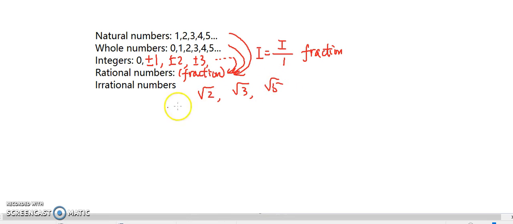All of these numbers are irrational numbers because we actually can prove there's no such fraction that makes square root of 2 equal to that fraction. So this is never going to happen. You cannot find integers a or b such that a divided by b gives you square root of 2. And this can be proved.